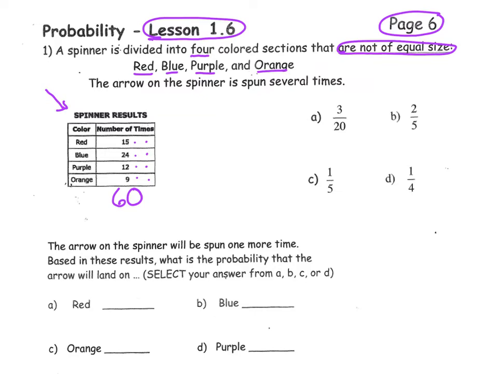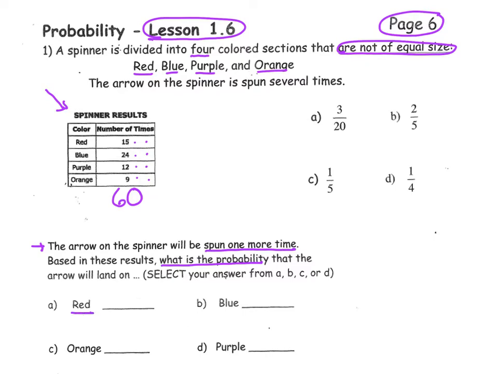Let's take a look at what we need to figure out. The arrow on the spinner will be spun one more time. Based on these results, what is the probability? And the minute they say probability, we should think about a fraction to start, that the arrow will land on red.